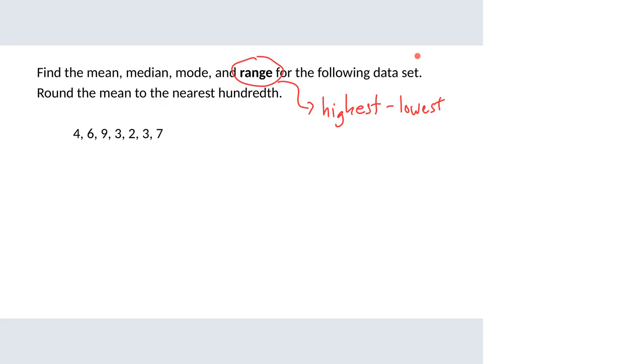All right, let's go through here and find the mean, median, mode, and range for this data set. If I want to find the mean, I'm going to add them up and divide by how many there are. So that'll be 4 plus 6 plus 9 plus 3 plus 2 plus 3 plus 7. And we'll divide by how many there are, which is, let's see, 1, 2, 3, 4, 5, 6, 7 data points.